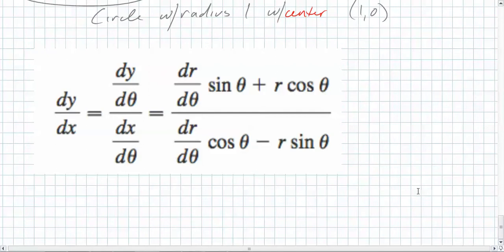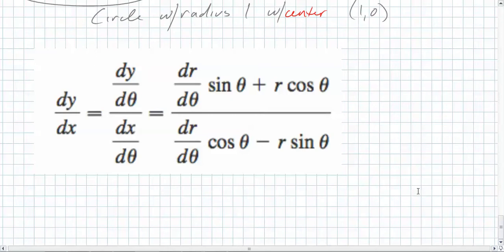So here's the thing. You know that dy dx is going to be equal to dy d theta over dx d theta, correct? But what does x equal? x equals r cosine theta, and y equals r sine theta. So when you do the differentiation, you use the product rule. The derivative of the first times the second plus the first times the derivative of the second. What's the derivative of sine? Cosine, right?